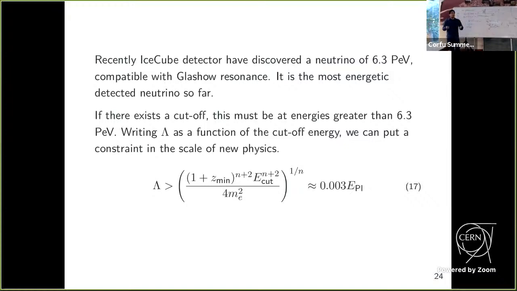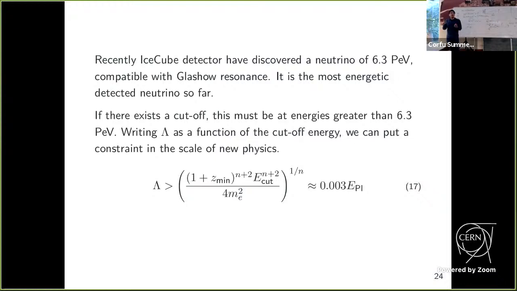So putting this condition in the equation of the cutoff as a function of lambda, we can get a constraint on the possible values of lambda. And for example, for 6.3 PeV, we get that lambda has to be greater than this quantity, 0.003 the Planck scale, the energy of Planck.